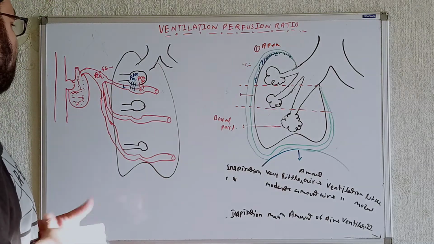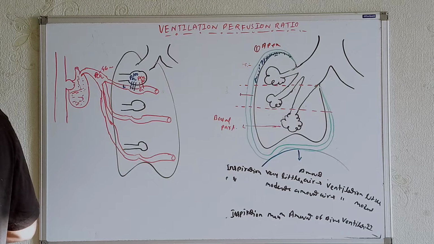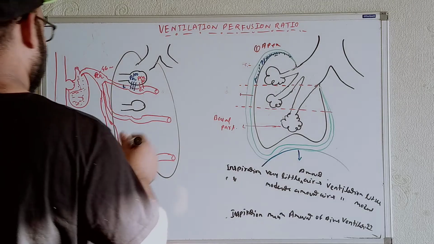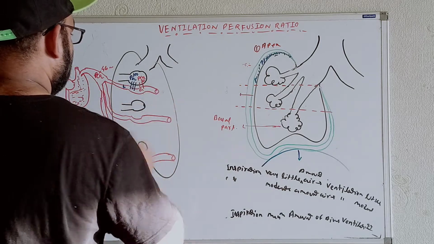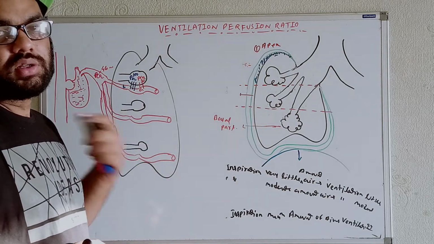Okay, now try to understand in terms of the perfusion over here. Okay, let's do it over here. Now see, whenever we are talking in terms of the perfusion, that means the blood flow, this perfusion depends on two things.